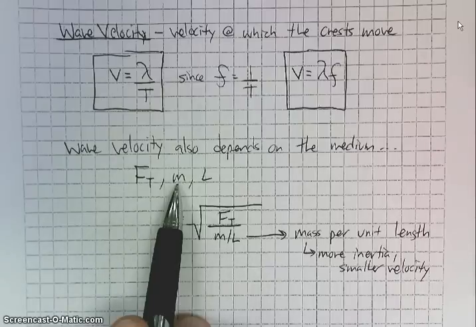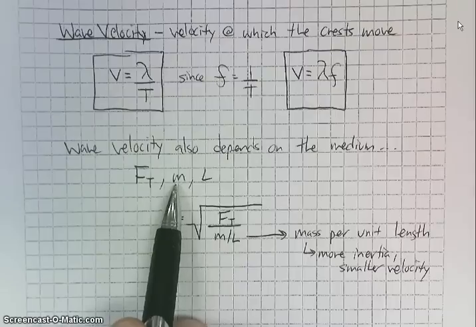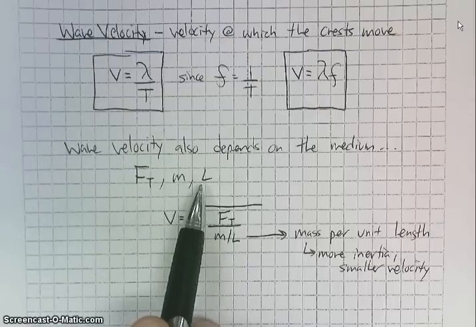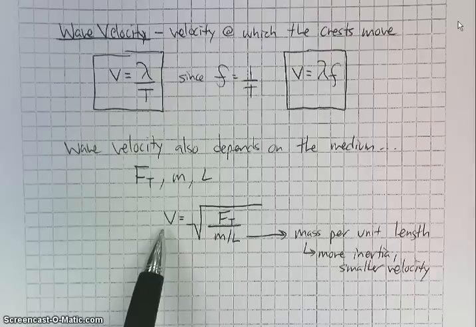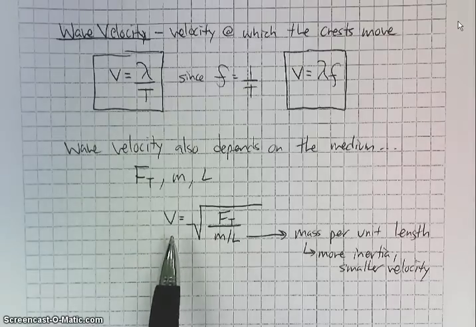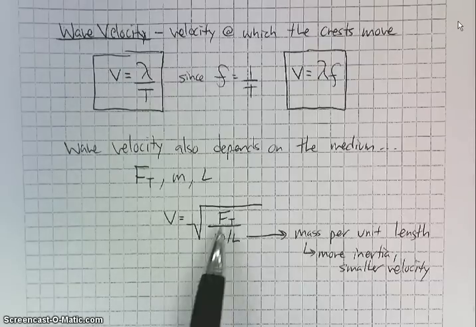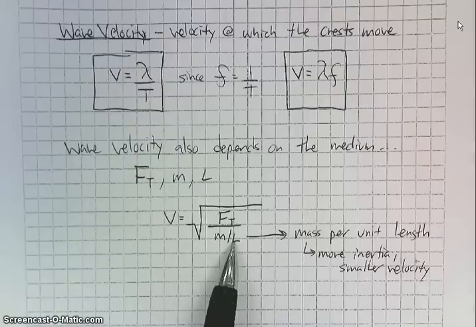Also, how heavy that particular spring is, or the mass of the spring, and how long it is. All those things do affect the velocity of the wave, and this is the relationship. Velocity then is equal to the square root of the tension divided by the mass divided by the length.